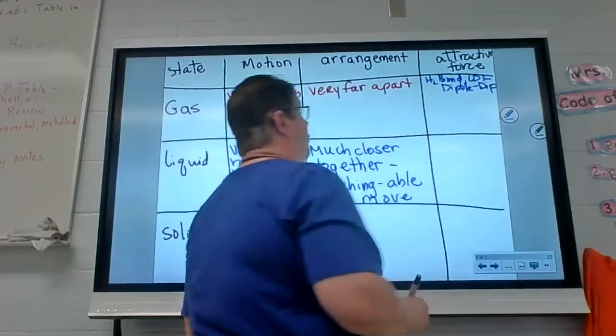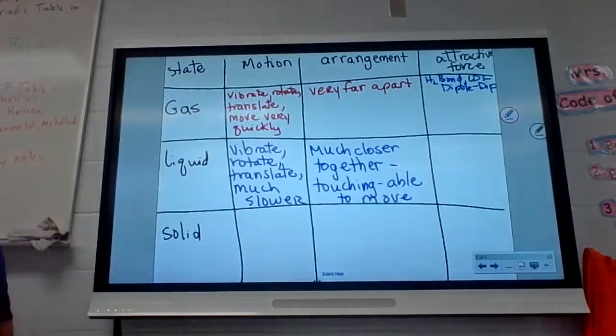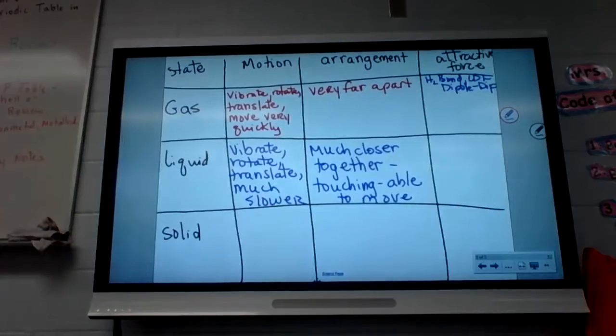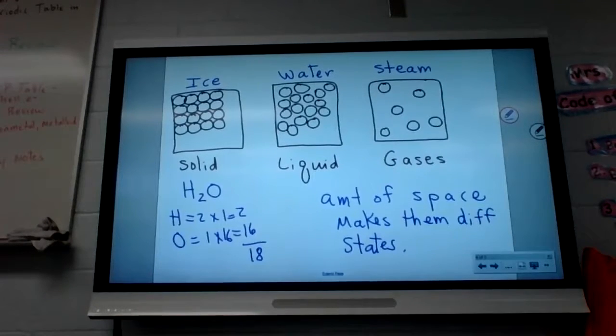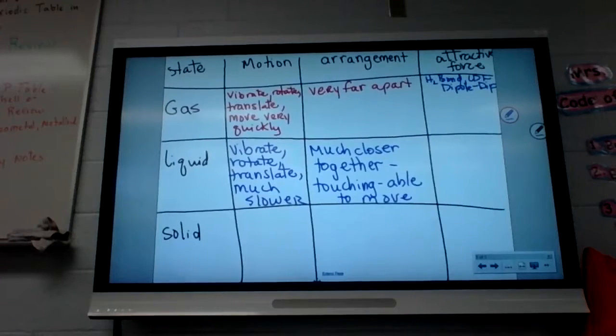All right. So our gas molecules that are moving like that are going to have those forces. Are they going to be able to attract one another and stick together? No. Not the gas. Those are the three attractive forces.